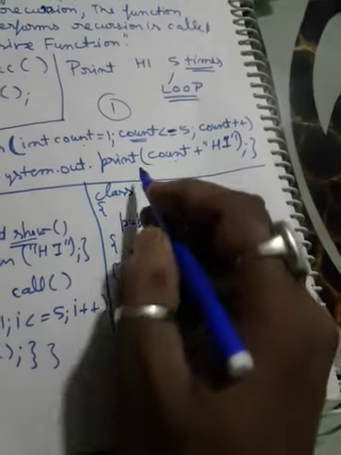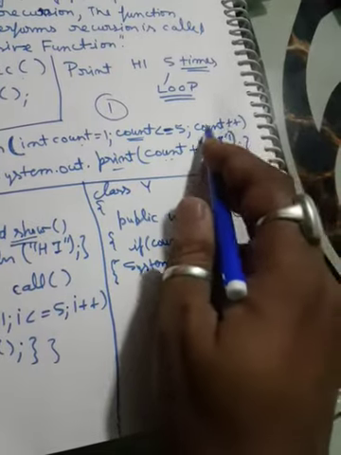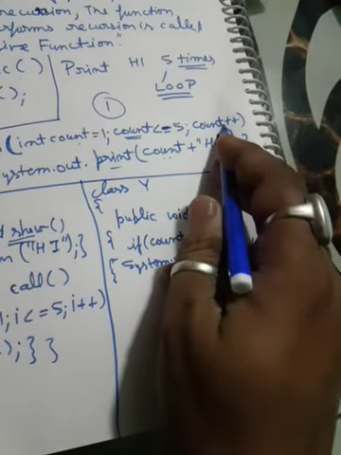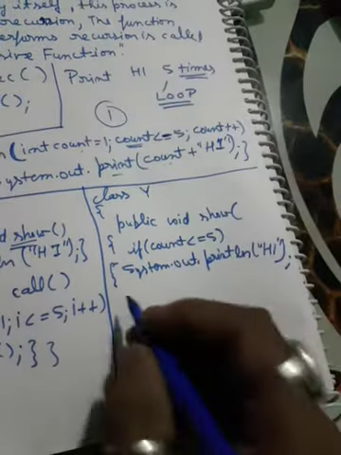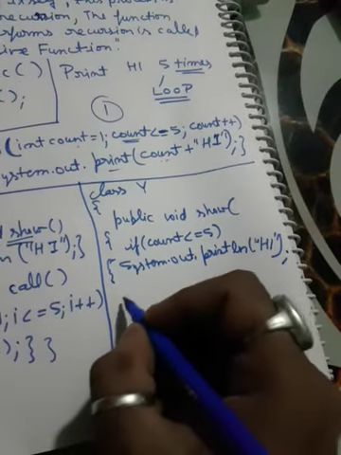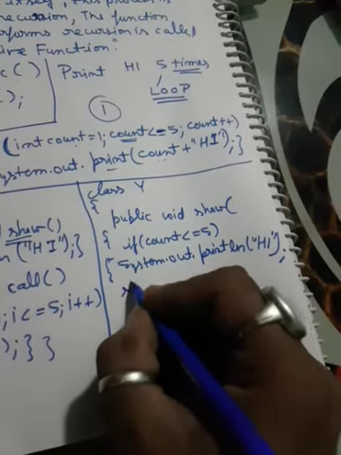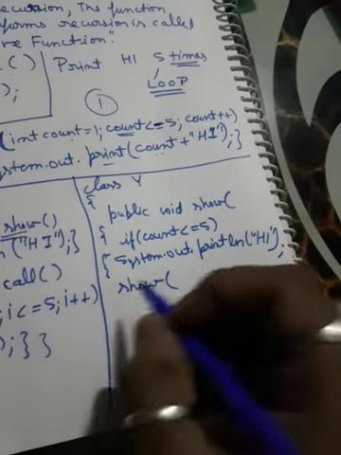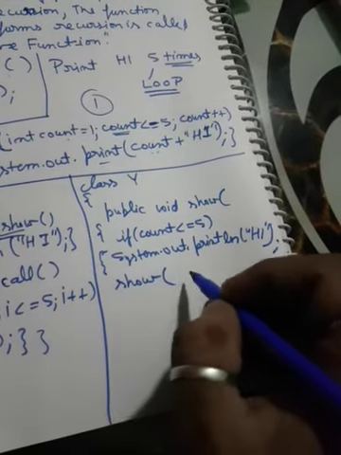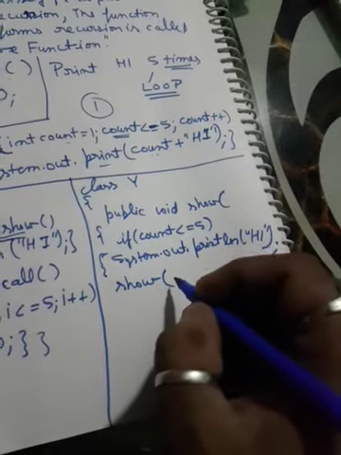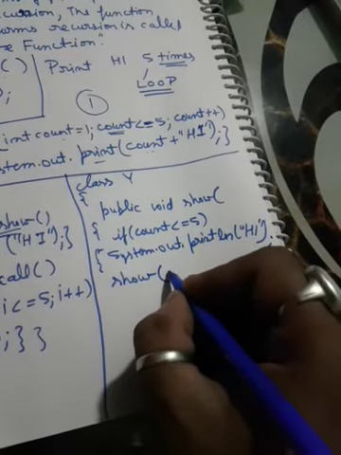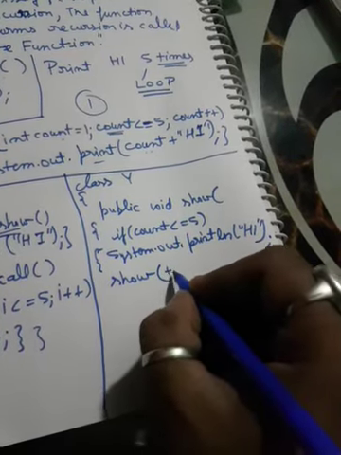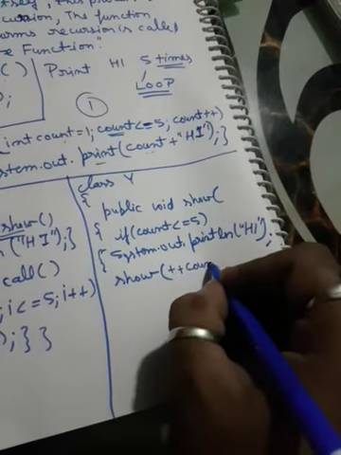Now after printing, the control goes where? It goes to this update expression. Very fine. So students, I write here a recursive call show, and I want to give the next value to the count, right? So what I do here, I write here plus plus count.